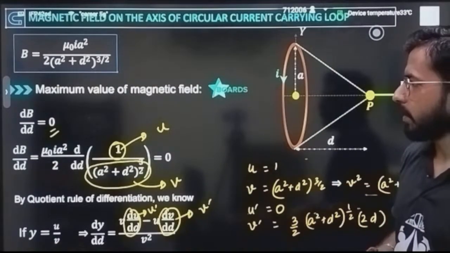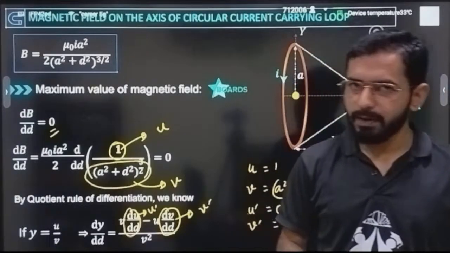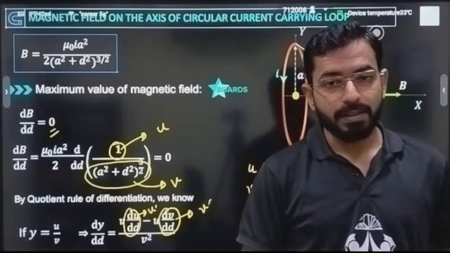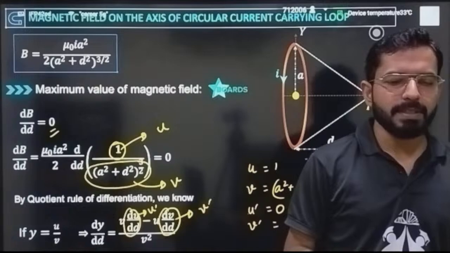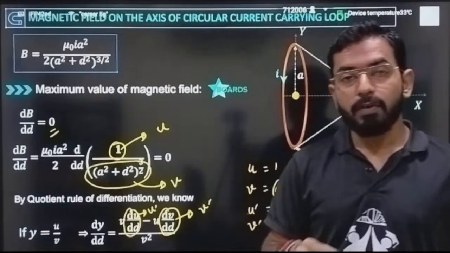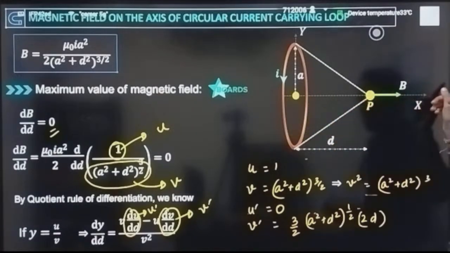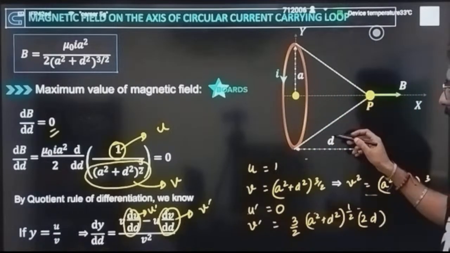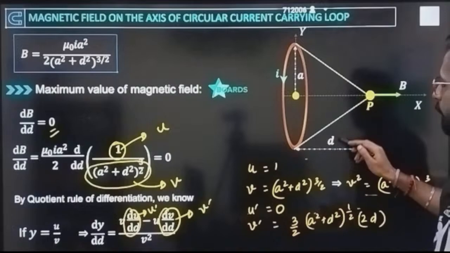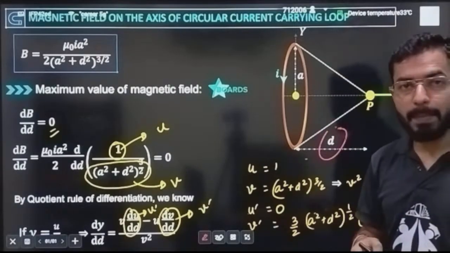Now the maximum value of magnetic field will be coming where? For finding maxima or minima, as I have told you in the current electricity section also, you always have to differentiate with respect to the variable. Here you can change the distance. We want to find the value of d for which we will have the maximum magnetic field.